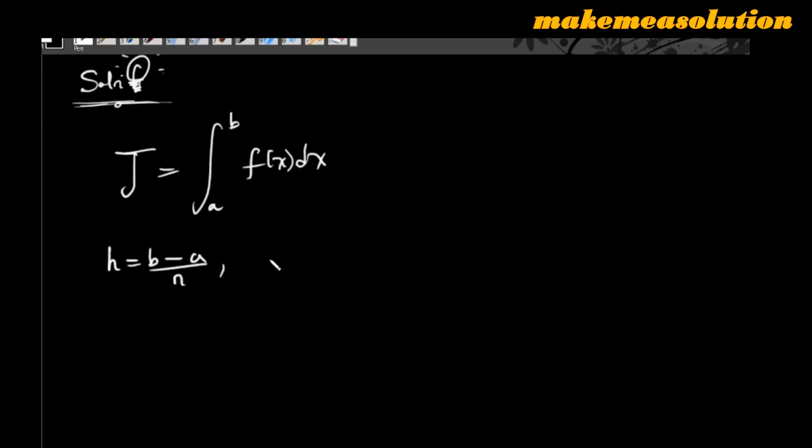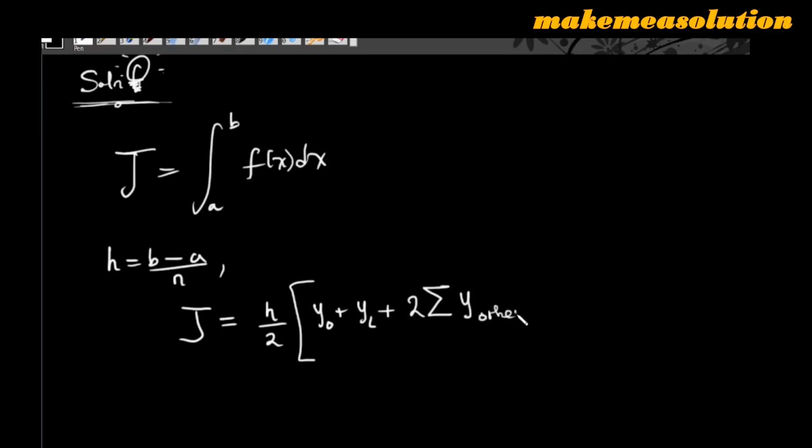Then I'm going to use this as the value of J. The value of J is going to be h over 2 into y0 plus yn, plus 2 summation of the y ordinates. So this is the formula that you normally use to evaluate the approximate value of the integral.